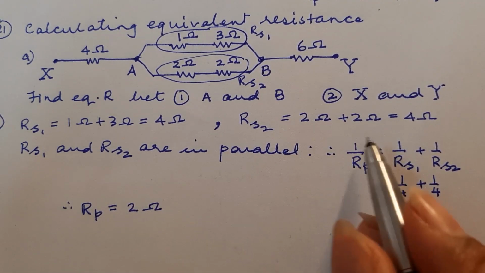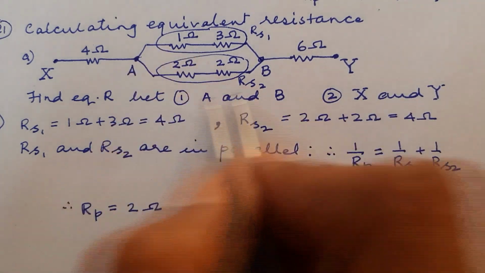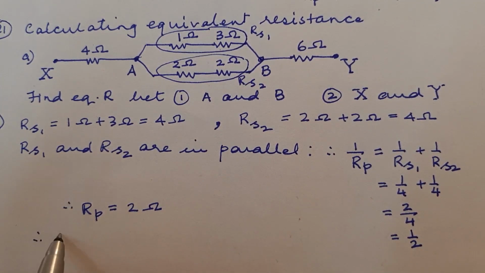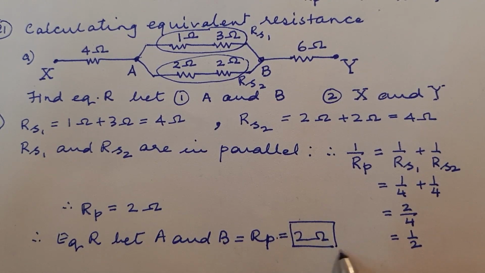You do reciprocal of this. So now we have Rp here between A and B. Therefore equivalent resistance between A and B is equal to Rp, which is 2 ohm, and that is our answer 1.